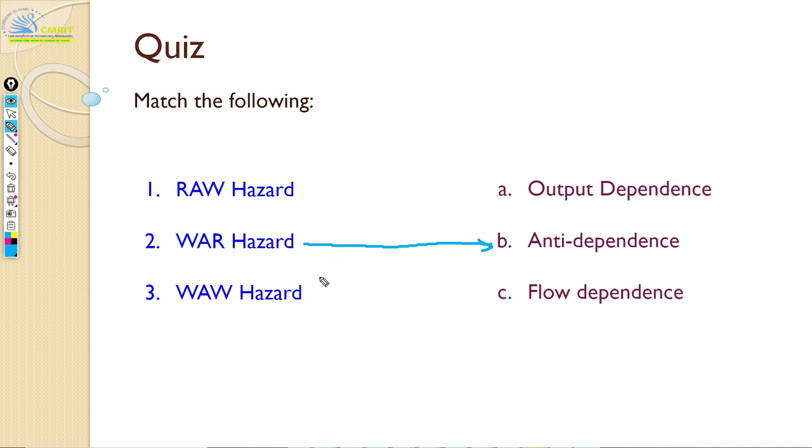WAW is output dependency. Oh, nice. And RAW has to be flow dependency. Okay, very good. So this one you just have to remember. It's called flow dependency because that actually comes with the flow, and these other two are only pseudo dependencies. Okay, thank you, Aliva.